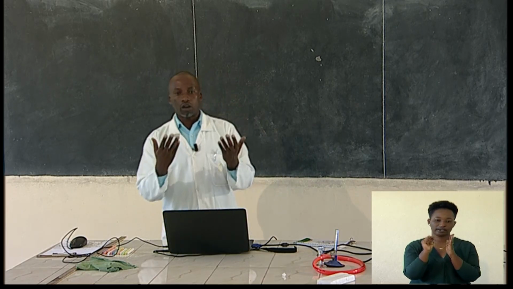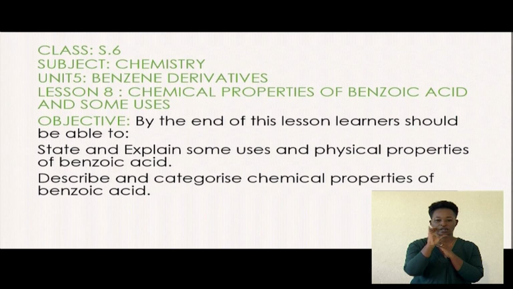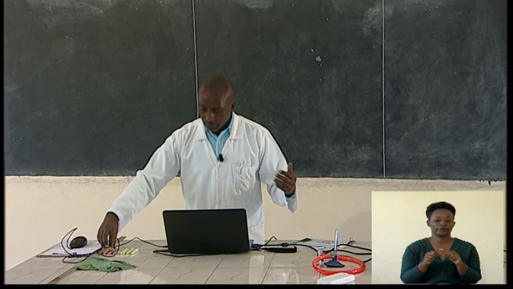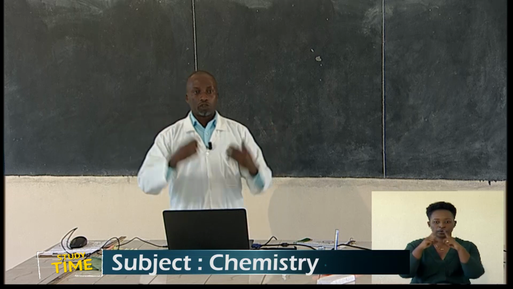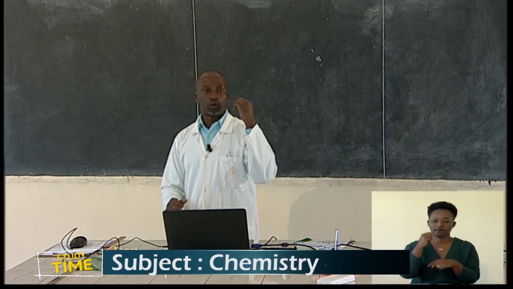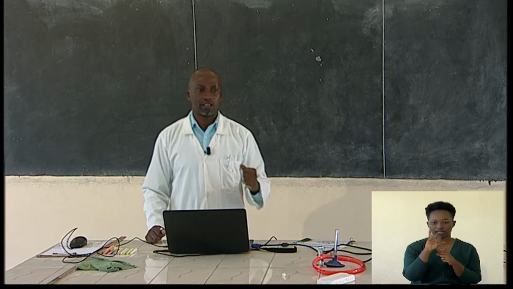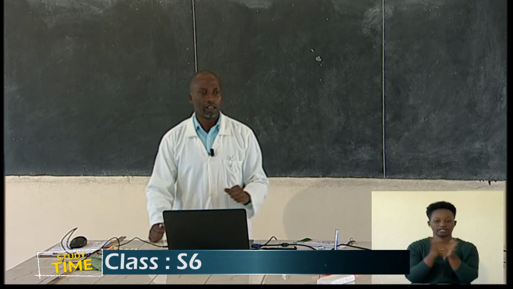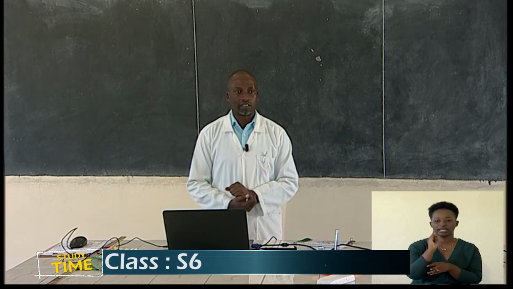So before we continue to look at some of the physical properties, the uses and the chemical properties, I would like us to first freshen up by reminding ourselves about what we talked about in the previous unit. We talked about the nomenclature, we talked about the preparation methods, if you remember, and then we mentioned the acidity of these carboxylic acids.